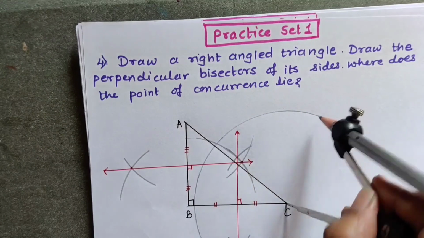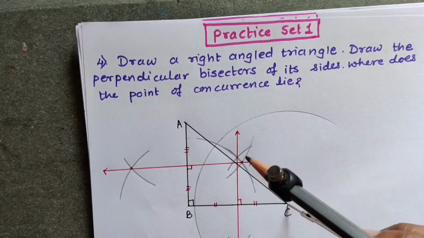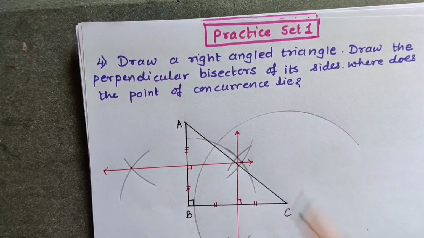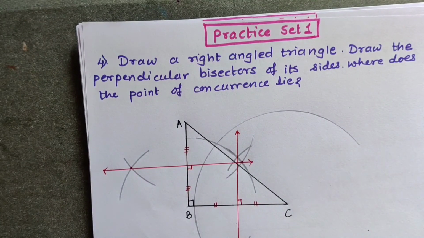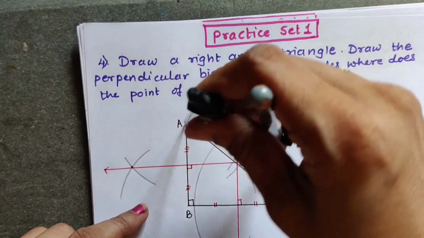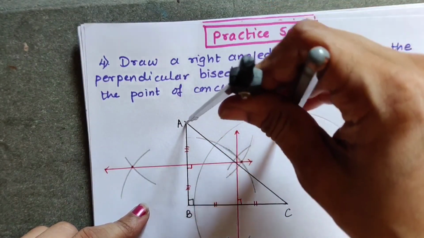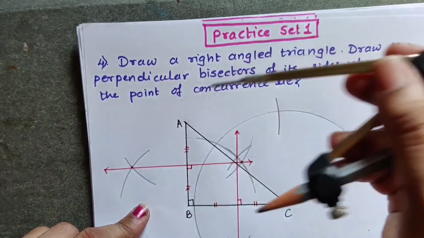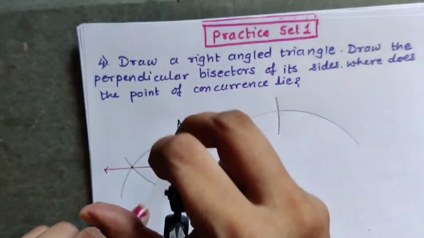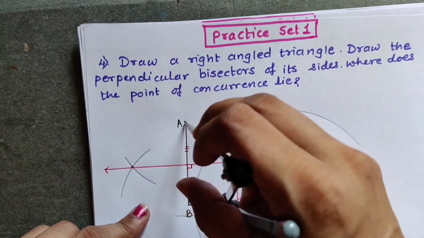Like this, okay. On the left hand side also and on the right hand side also, we can rub the extra portion of the arc afterwards, after getting the second arcs also. Let us see. From point A, placing the pointer on point A, we have to draw the second arcs here also and we join the previous arc.